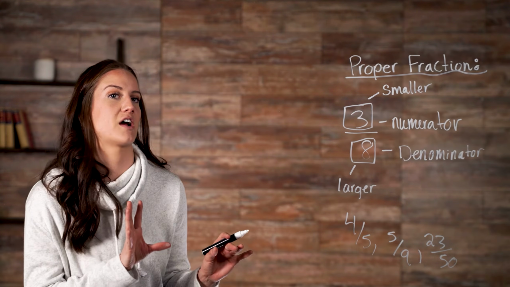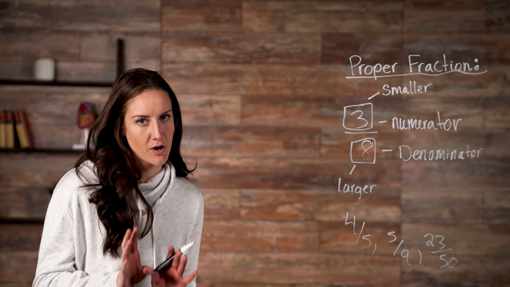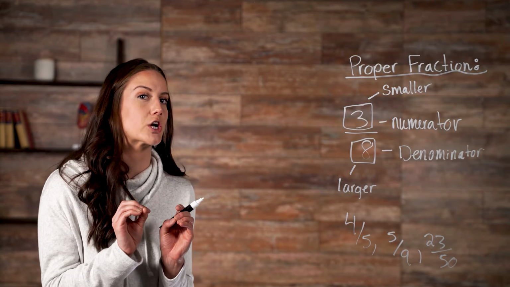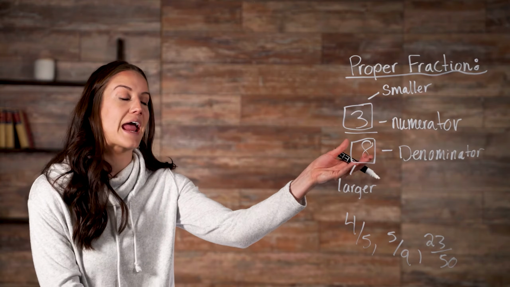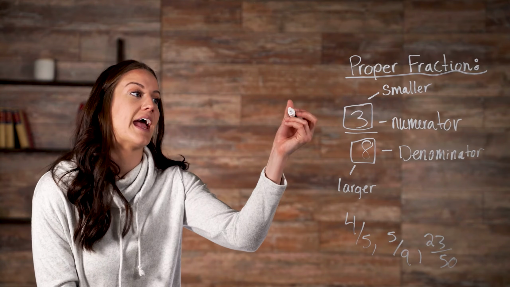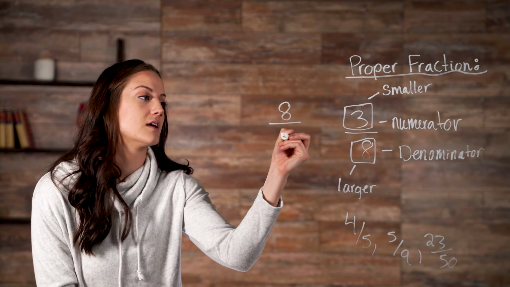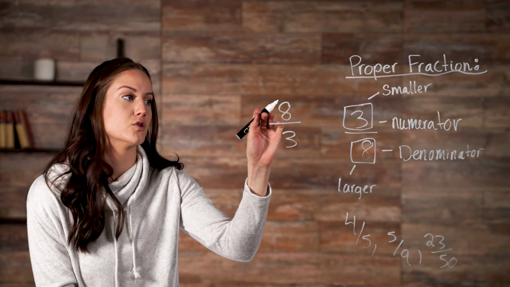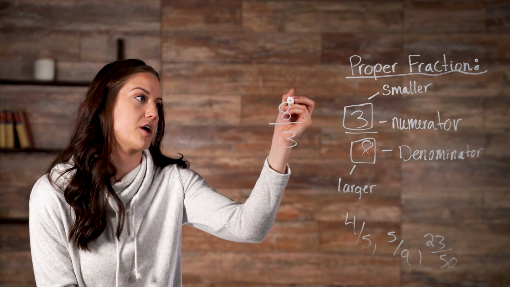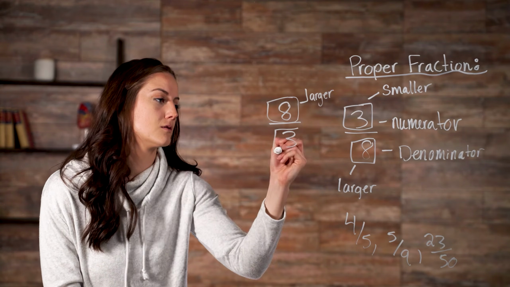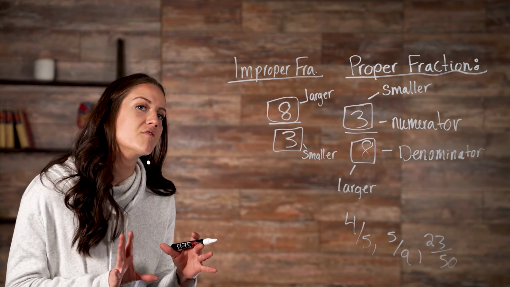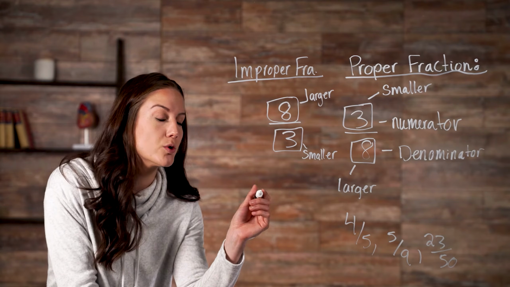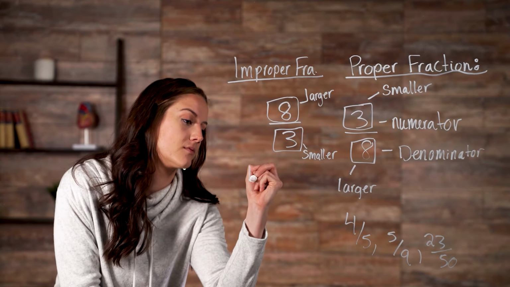An improper fraction is the opposite of a proper fraction in that the numerator is larger than the denominator. So while 3/8 is a proper fraction, 8/3 is an improper fraction because the numerator is larger than our denominator. Improper fractions are always equal to or greater than 1.